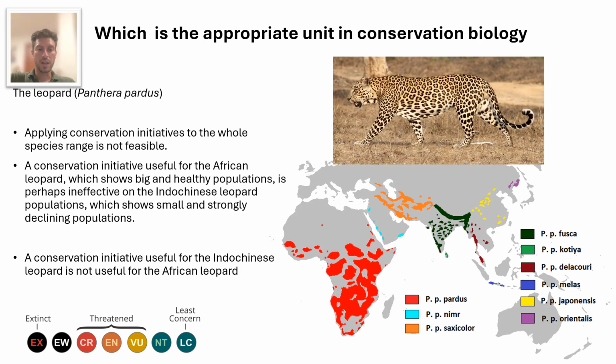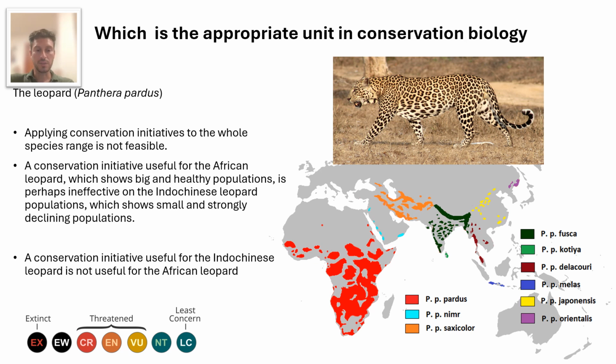Look at the case of the leopard. Applying conservation initiatives to the whole species range is not feasible. A conservation initiative useful for the African leopard, which shows big and healthy populations, is perhaps ineffective on the Indochinese leopard population, which shows small and strongly declining populations.